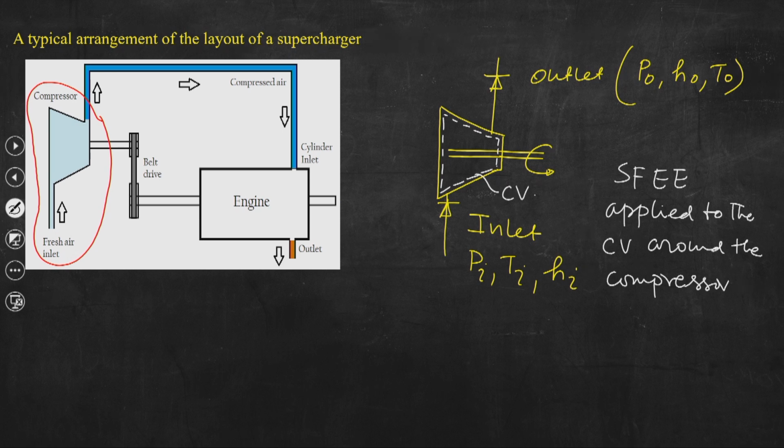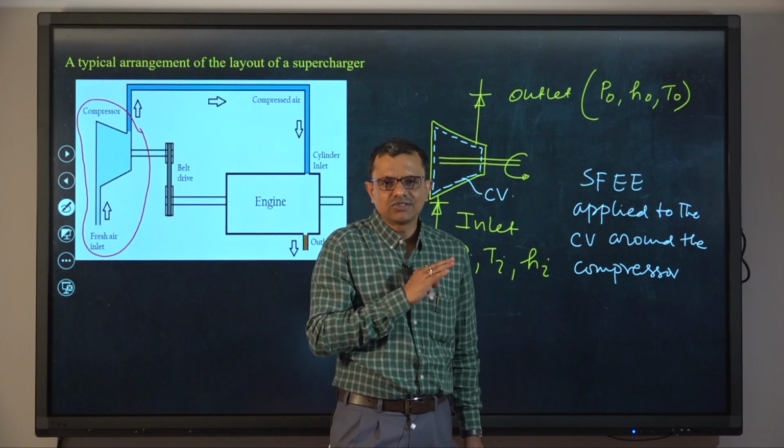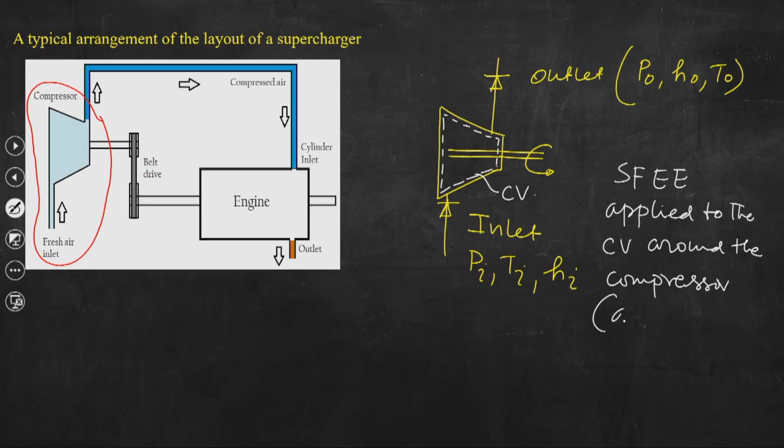Mind it, we are assuming that the compression process is a reversible adiabatic process. So, there is no heat interaction. What we need to do is supply a certain amount of work into the control volume to get this process done, that means to increase the pressure of the working substance.